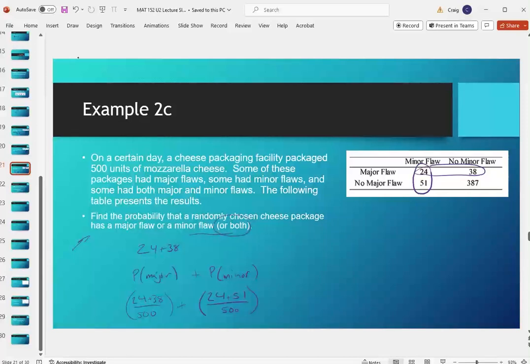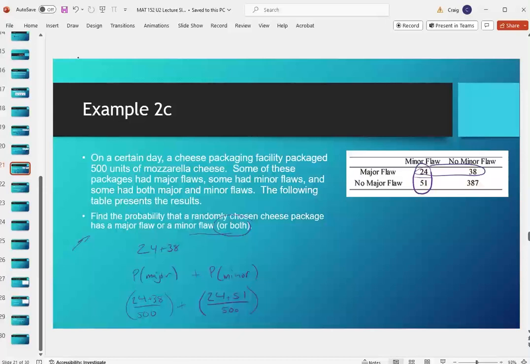So here's the thing. We have the probability that we could randomly choose a major flaw. We have the probability that we could randomly choose a minor flaw. Obviously, we've counted both of these here, and so both are counted in there. And this is where people will make mistakes, because this is where they will stop. But notice something really important here.